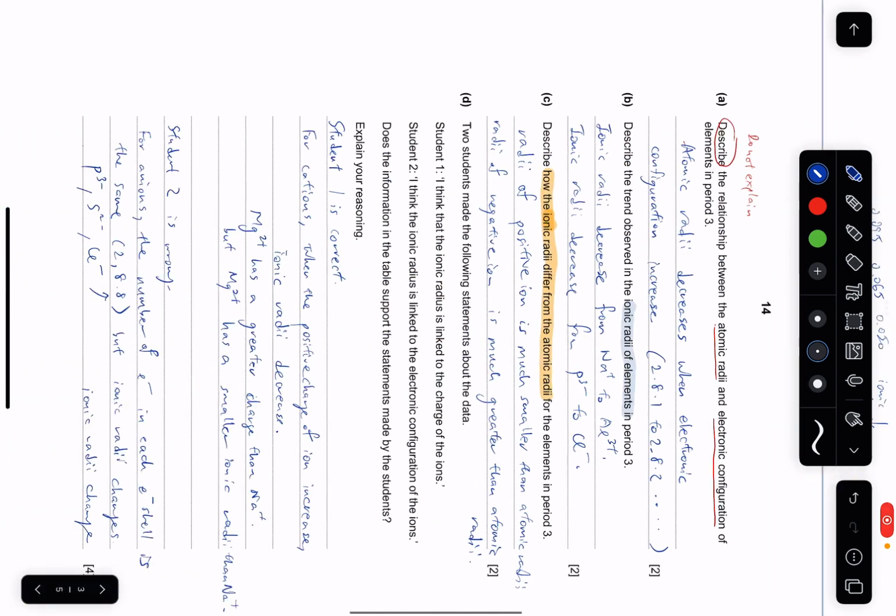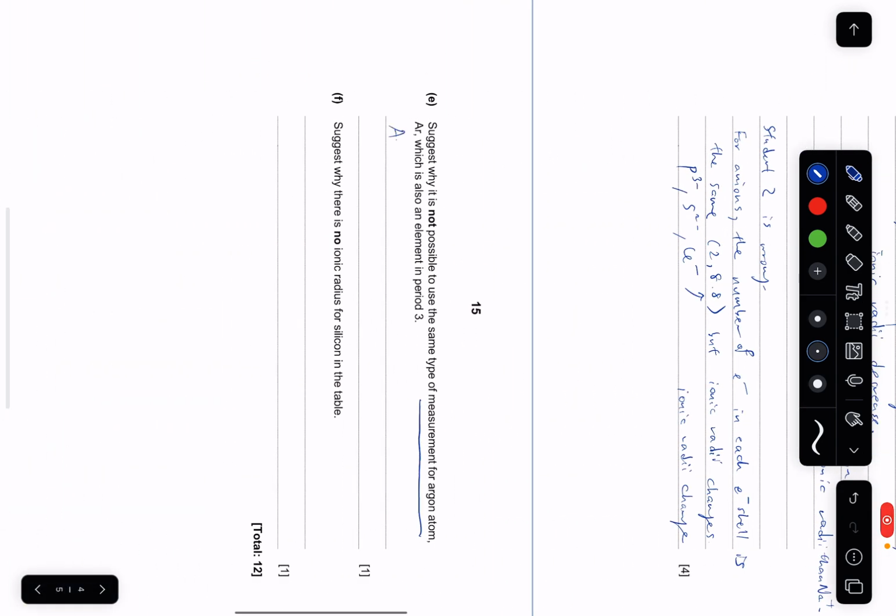So that's the answer. So tell them, argon has full electron shells. Which means it does not have to gain, lose, share electrons, and bond.